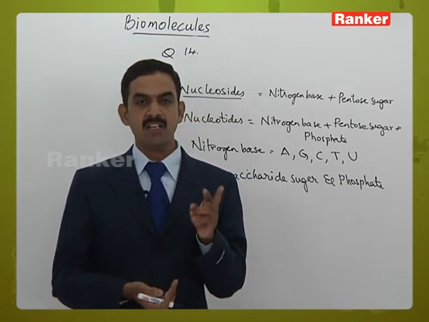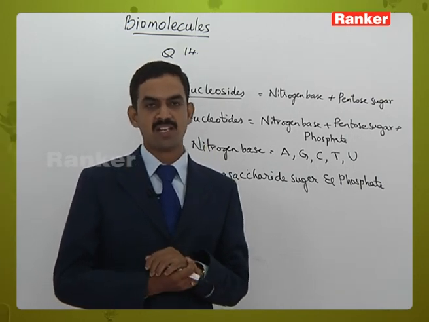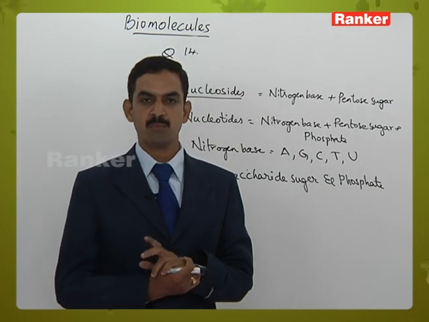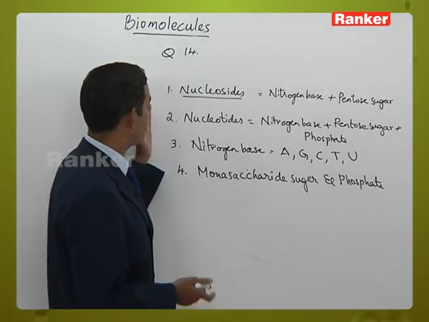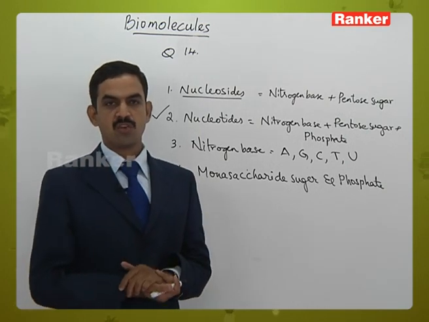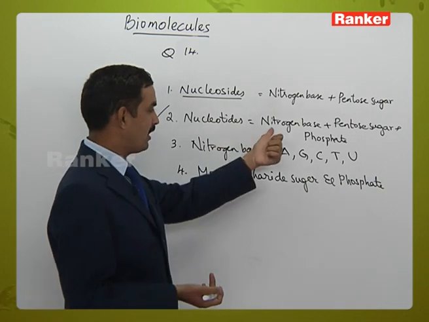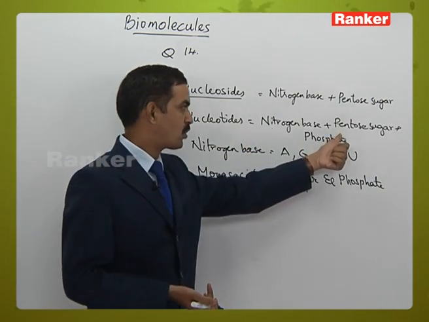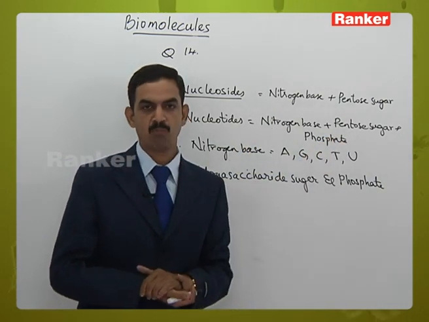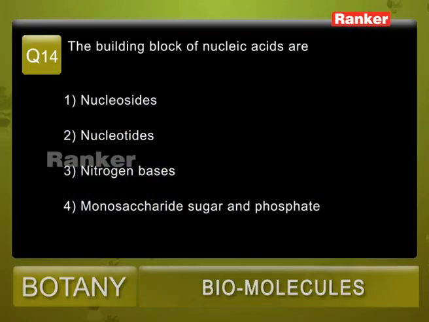So in DNA, 2 such strands are there, whereas in RNA, 1 strand of polynucleotides is present. So from the given options, we can say that the building blocks of nucleic acids are nucleotides, which in turn are made up of 1 nitrogen base, 1 pentose sugar and 1 phosphate molecule. Question number 14, the correct answer is 2.